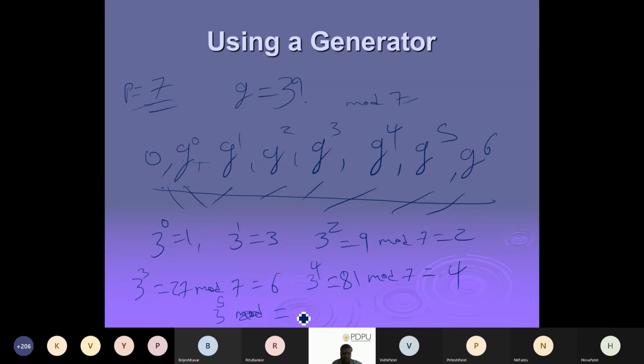Then 3 raised to 5, 243 mod 7. What is the answer of this thing? Five. Good. Now 3 raised to 6 mod 7. What is the answer?